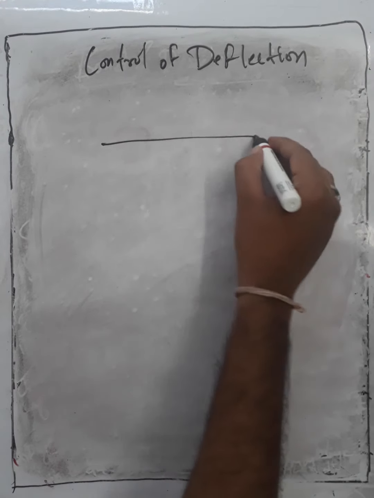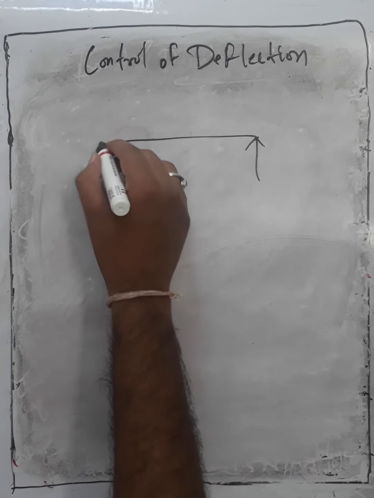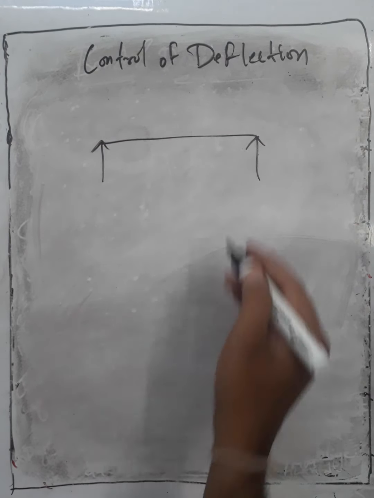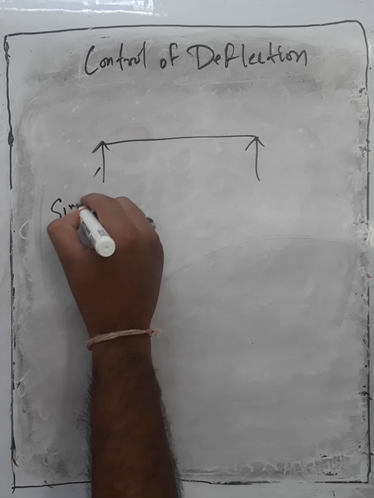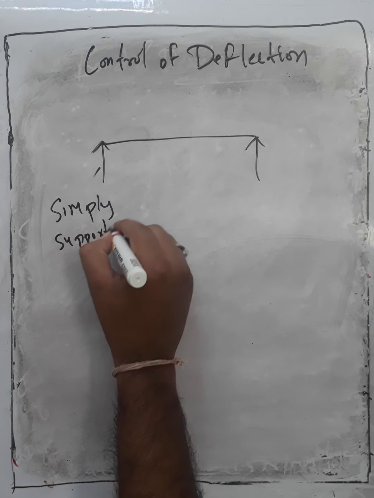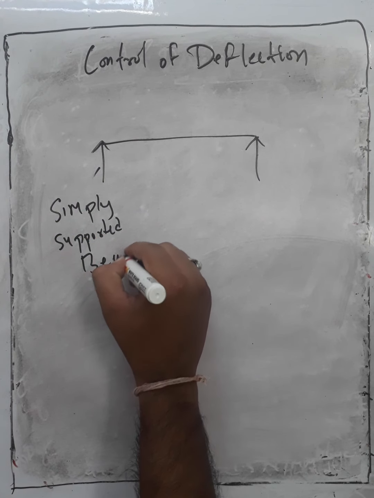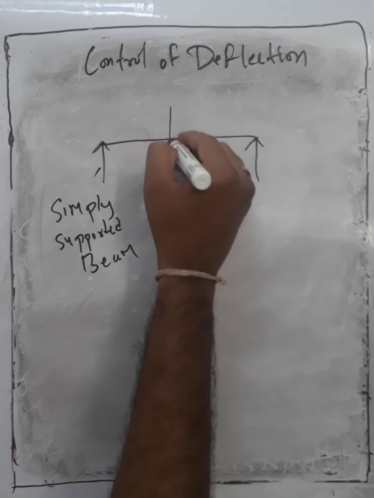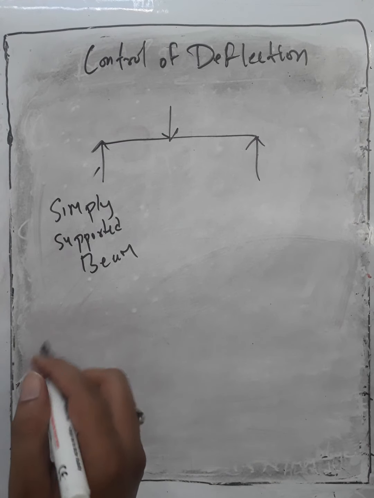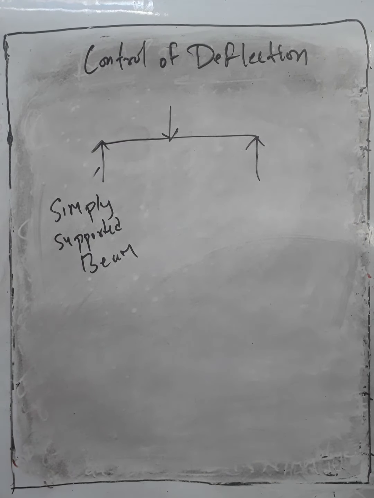You already remember that when you find the SFD and BMD of any beam, let's say a simply supported beam, and here we apply a point load at the center, you have to find the shear force and bending moment for that beam.